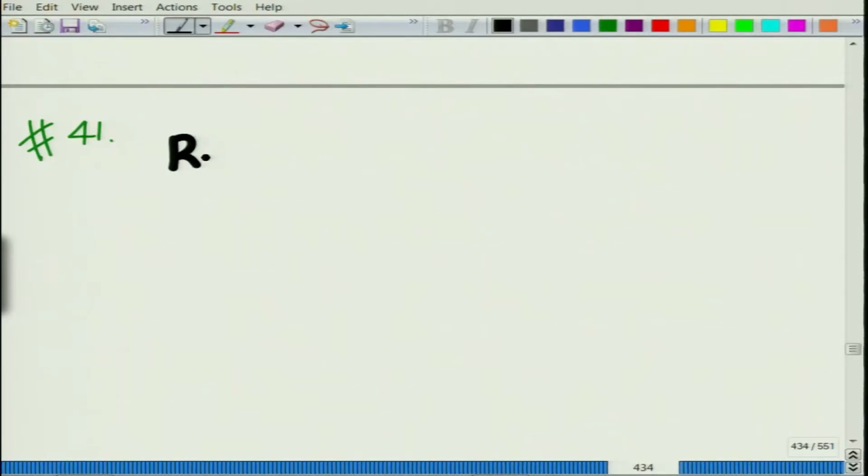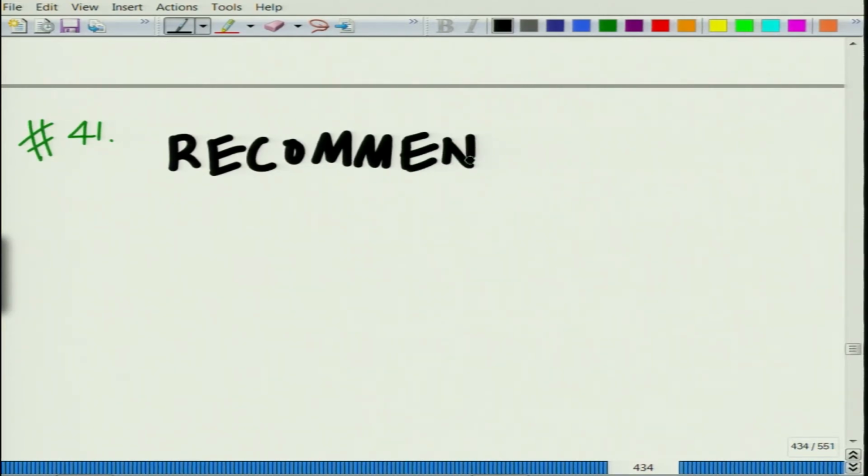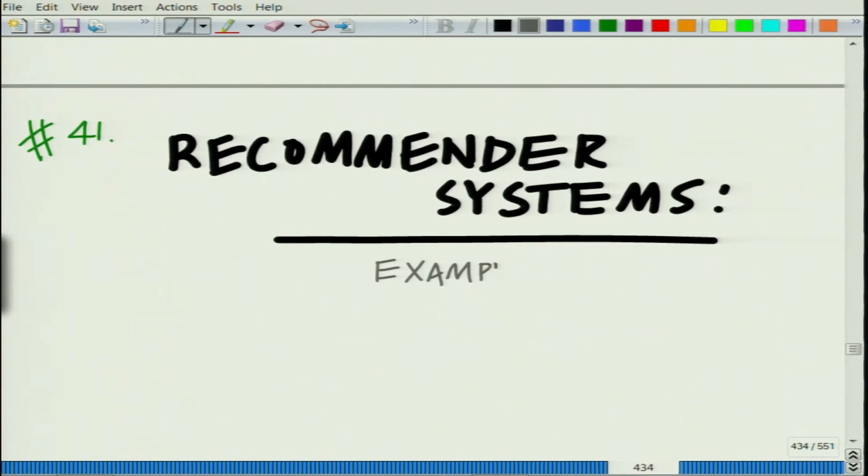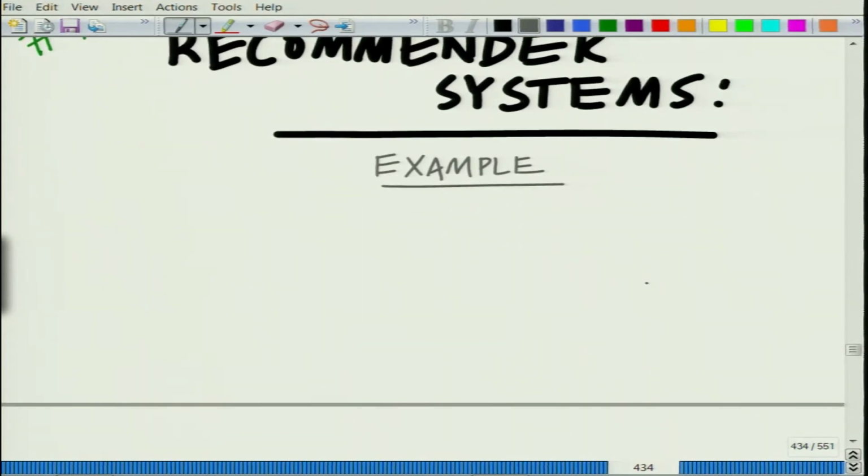So, we are looking at recommender systems or a recommendation system, and now let us look at an example to understand this better, an example of a recommender system for, as we have said, similar to what we have seen yesterday, a movie recommender system, right, the kind that could be employed on a movie streaming website.